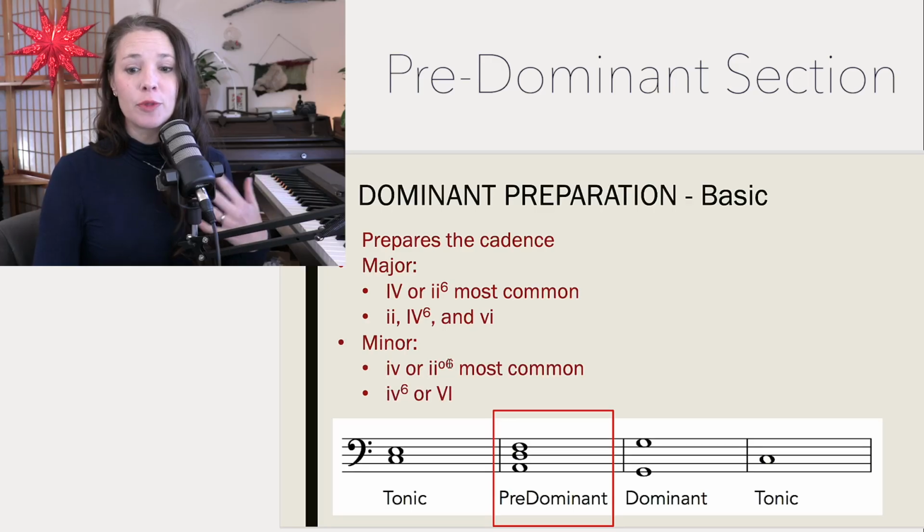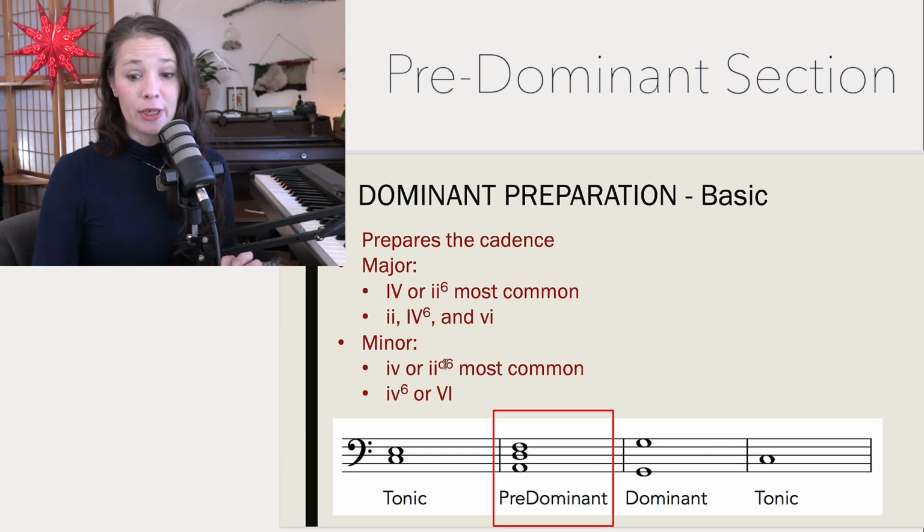We're only going to have 2 chords, the 2 chord and the 4 chord. These can be in root position or first inversion most of the time. This week we're only going to have 2 and 4. Next week we're going to add in the 6. The 4 in root position and the 2 in first inversion is the most common.